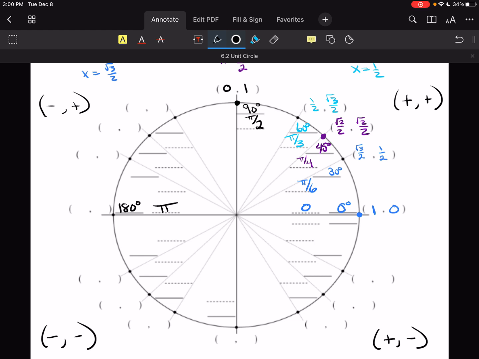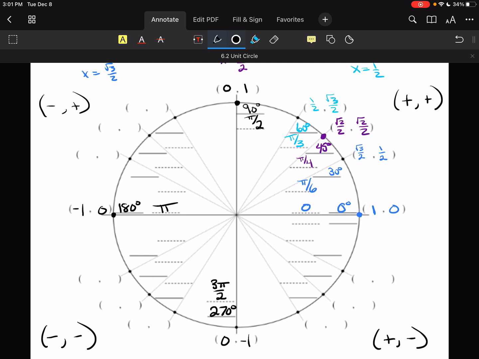And my ordered pair for this point would be -1, 0. Adding another 90, that would give me 270. So 2 pi over 2 plus a pi over 2 would give me 3 pi over 2. And that would be the ordered pair 0, -1.